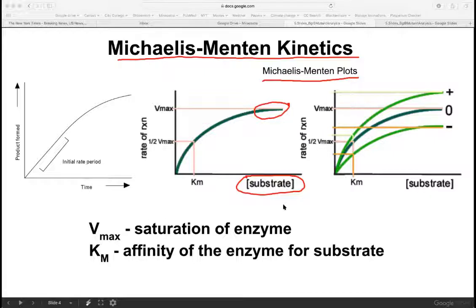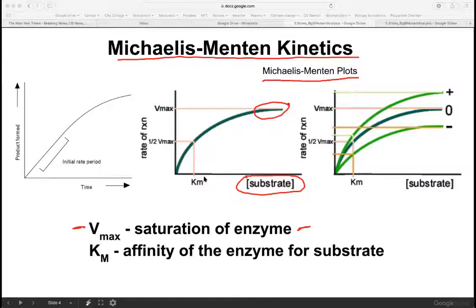So Vmax equals saturation of the enzyme. That is, you have some enzyme present, it's catalyzing the reaction, making it go faster. And as you add more substrate, you're occupying more of that enzyme, and so more of that substrate is going to be converted, and so forth, until you get to a point where you've filled up that enzyme completely with substrate, and then adding more substrate doesn't make any difference. So Vmax represents saturation of the enzyme.